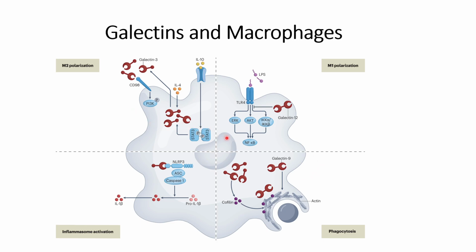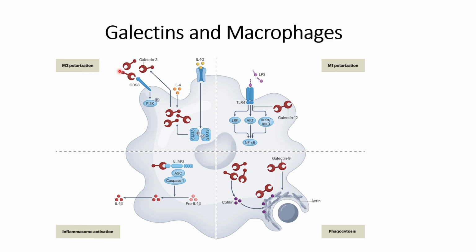So these are some of the interactions of the galectins that help the immune system by triggering the macrophages towards a particular direction.